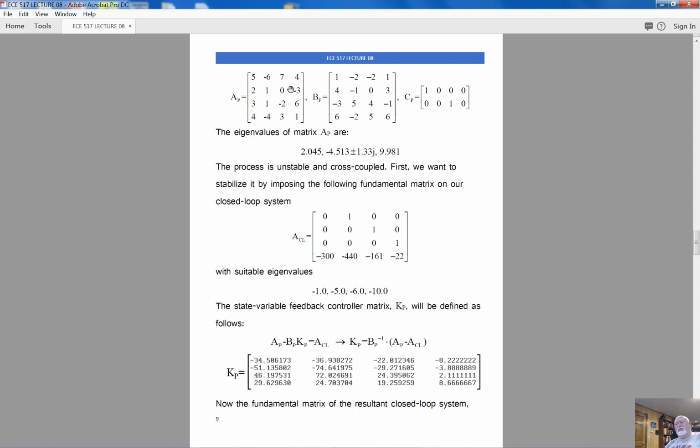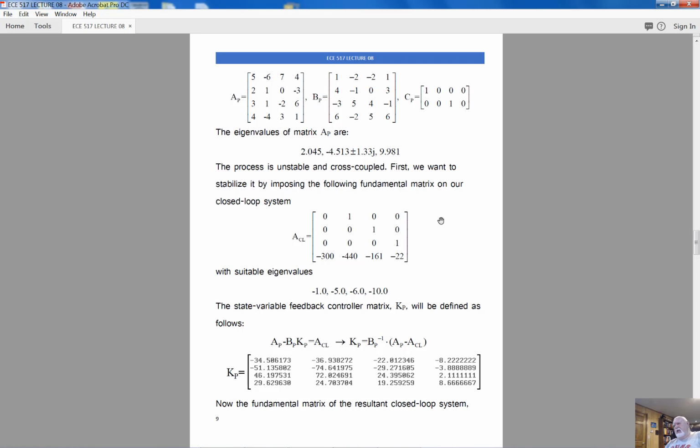But it's even worse. By looking at the fully populated matrix AP and fully populated matrix BP, one should conclude that the system is not only unstable, it is also cross-coupled, which means that each control effort affects all outputs of the system. It's a cross-coupled system.